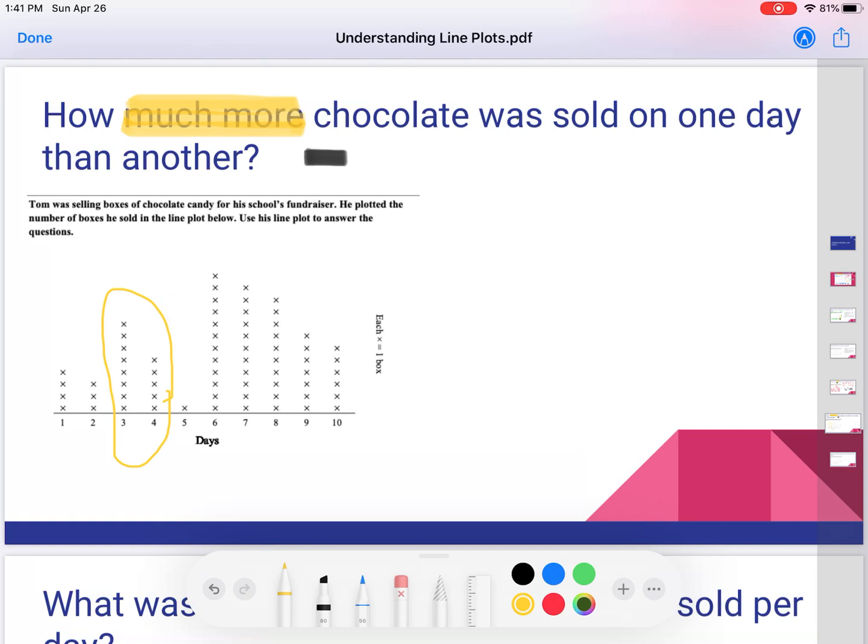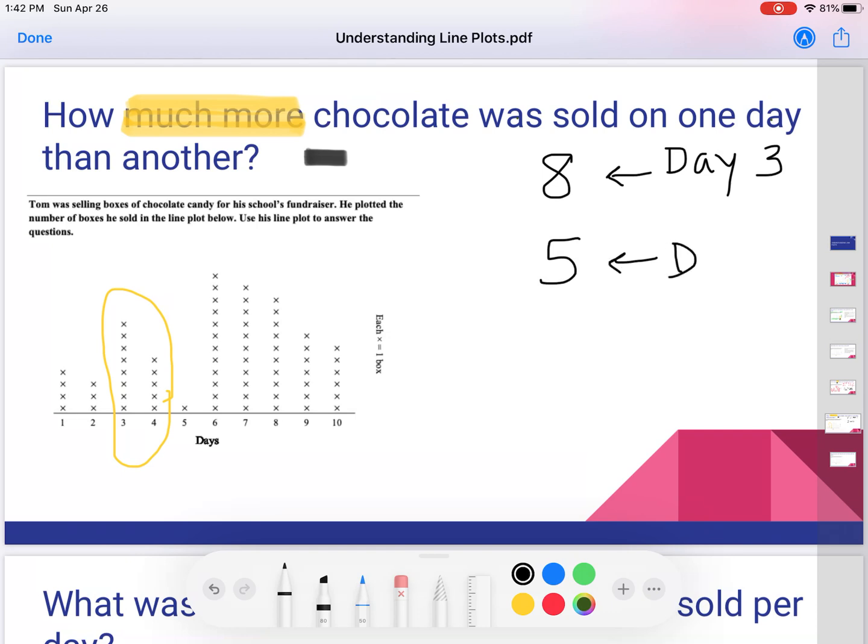Let's figure out how much more Tom sold on day 3 than on day 4. How many boxes did Tom sell on day 3? Did you say 8 boxes? If so, you are correct. So we would take 8 for day 3. Now, figure out how many boxes Tom sold on day 4. Did you say 5?